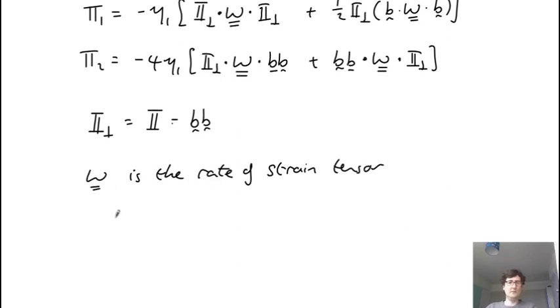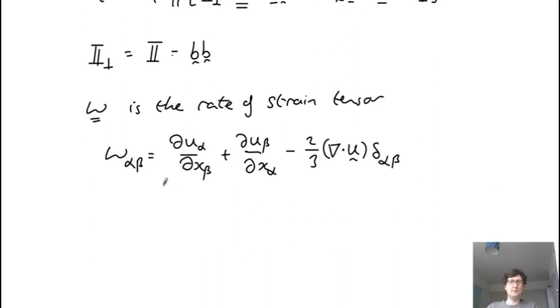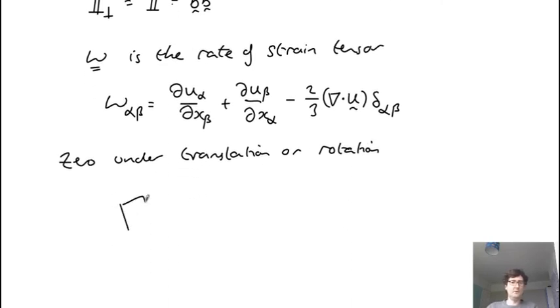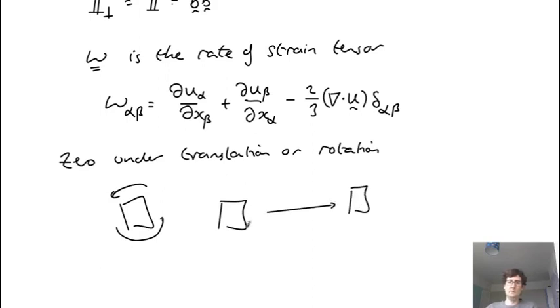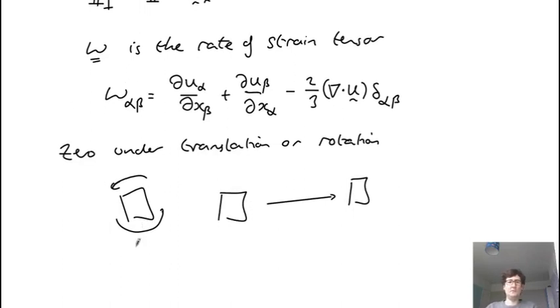And this can be written in tensor notation as a tensor which is 0 under translation or rotation. So if the fluid element is just being rotated or moved as a solid body, so either translation or rotation as a solid body, then this is 0, and so it's just measuring deformation.